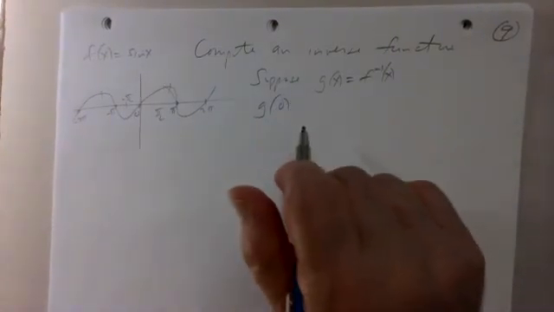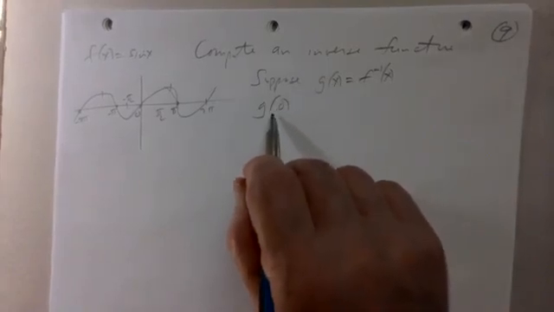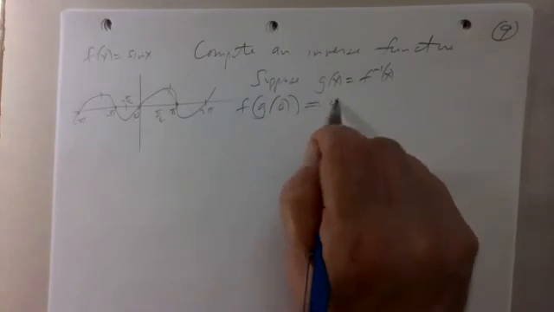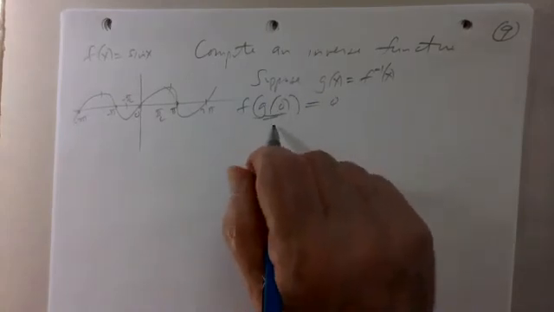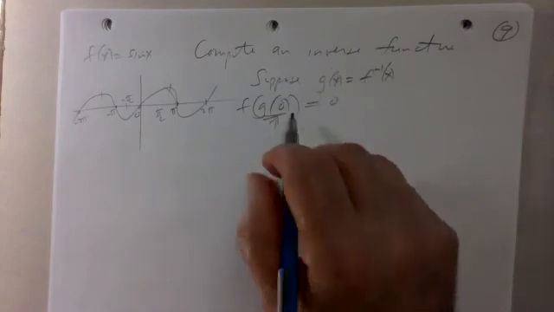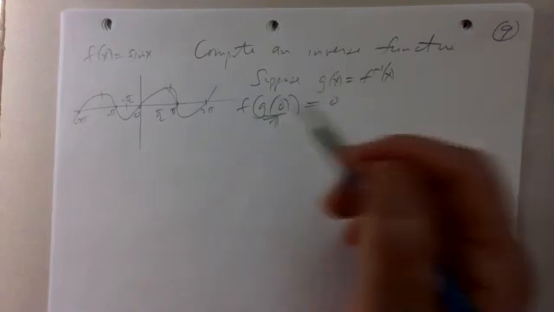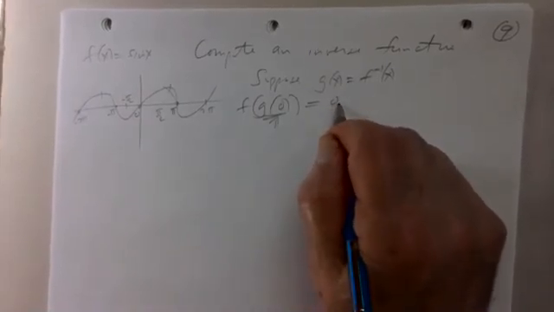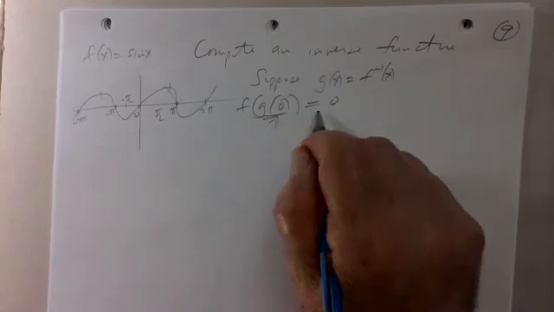That means if we took f of g of 0, we would get 0. So g of 0 would have to be some angle whose sine is 0.